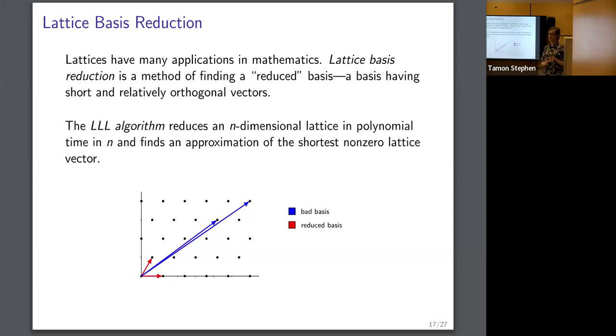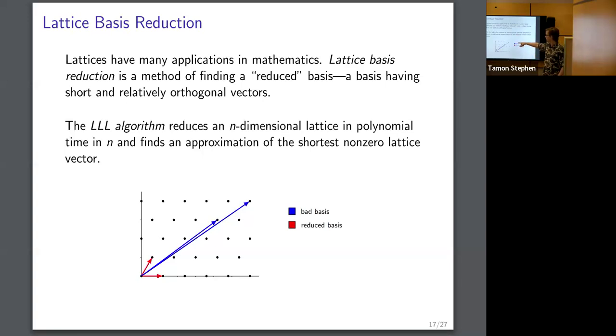One of the primary reasons why they're so useful is this concept of lattice basis reduction, which I demonstrate on this slide here. There are many bases of any lattice, and some bases are better than others. Some bases are relatively poor to work with. An example would be the 2 blue vectors on the slide here. This is a bad basis. They generate the same lattice, right?